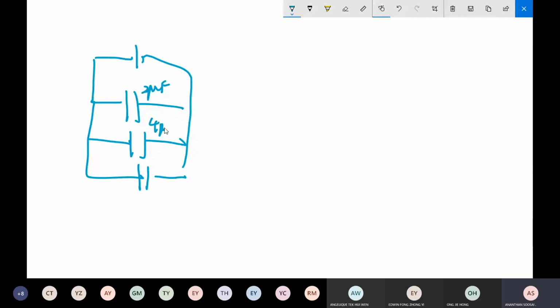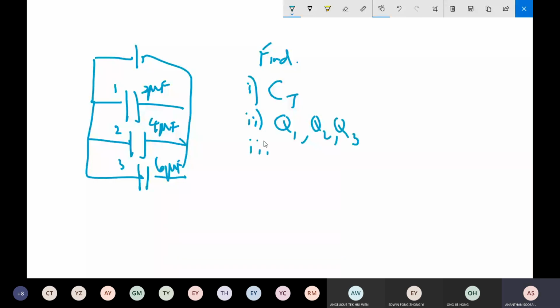This is 4 microfarad. This is 6 microfarad. This is 1, this is 2, this is 3. So find for me, first, the total capacitance. Second, Q1, Q2, Q3. And that's all.